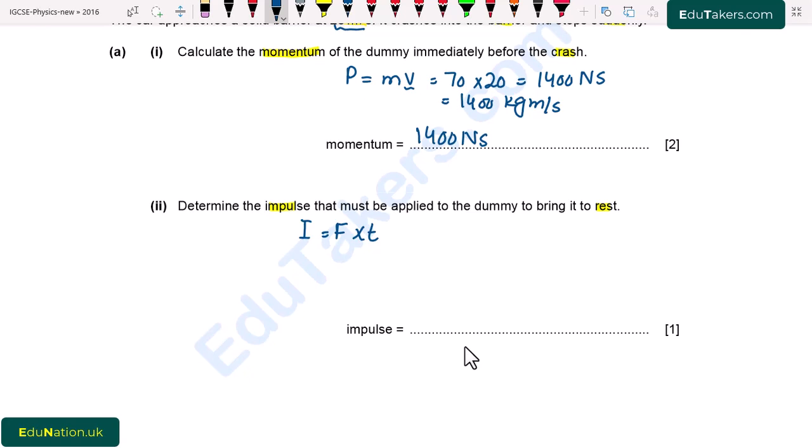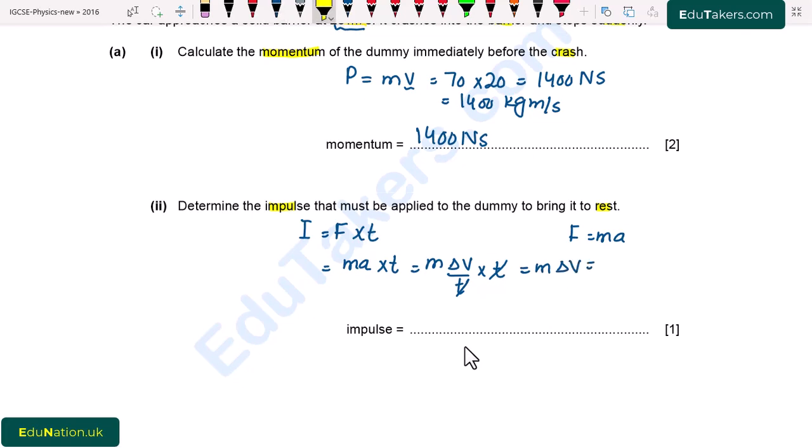According to Newton's second law of motion, F is equal to ma. So impulse is ma multiplied by time, where acceleration is change in velocity over time, that is delta v over t, multiplied by t. This t cancels, so it will be m delta v.